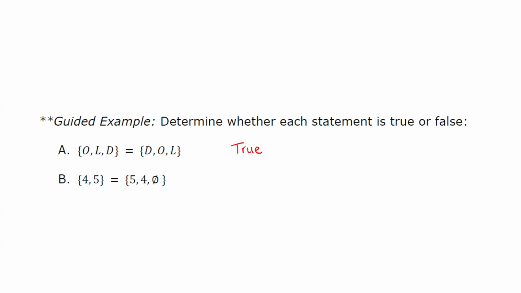For B, we have the first set {4, 5} and the second set {5, 4, ∅}. This would be considered false because the second set has an element that is not contained in the first set, which is the empty set.